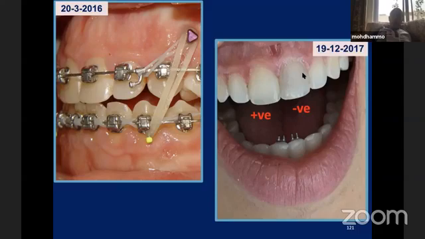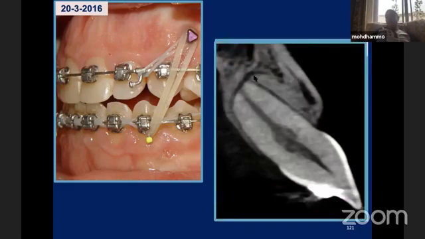So she came to check what happened. And when I checked the vitality test, it is negative. That means the tooth is necrotic. When I took the X-ray, and the CBCT here, you can see the resorption. So orthodontic treatment, if it is aggressive, might cause resorption of the tooth.